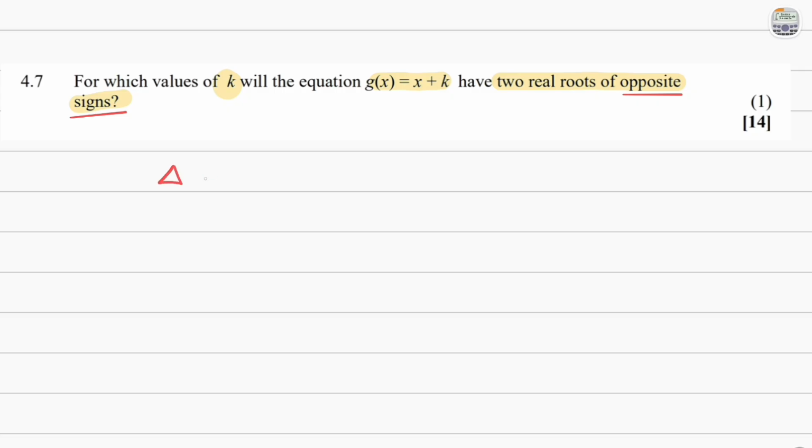It can ensure that the roots are equal, meaning it's one root that you have, something like x minus 1 times x minus 1 is equal to 0. The discriminant can also ensure that you have unequal roots, not specifically of opposite signs, just unequal, meaning you have something like, for example, x plus 2 and x minus 1 is equal to 0.